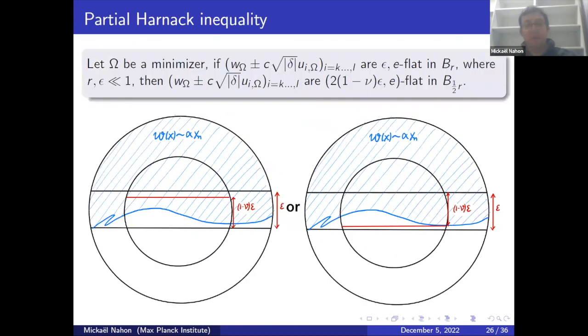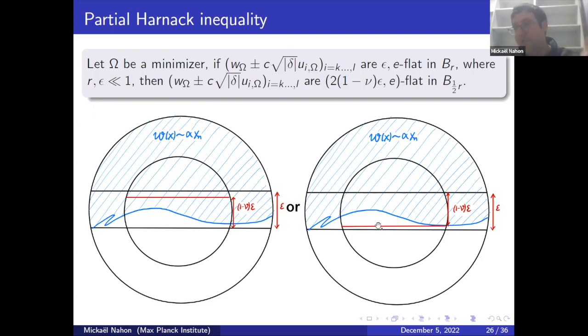The first step is saying that if you have something that is flat in a ball of fixed radius, then in a smaller ball, for example when you halve the radius, it oscillates slightly less, in the sense that you are in one of these situations where the blue line, which is the boundary of your set, is either below this red line or above this one.